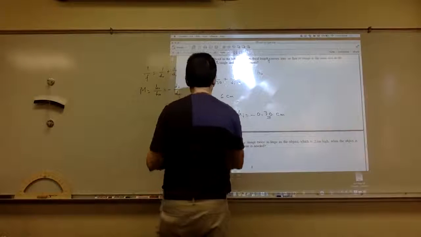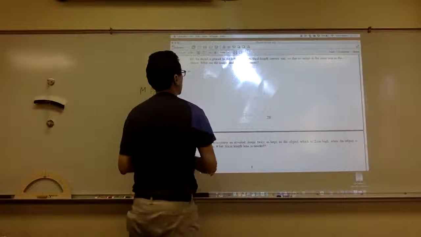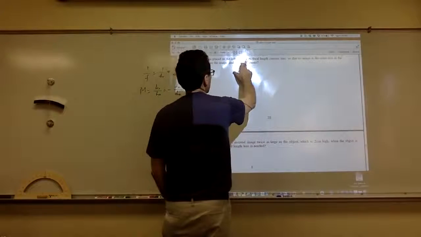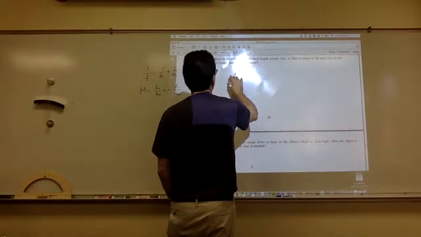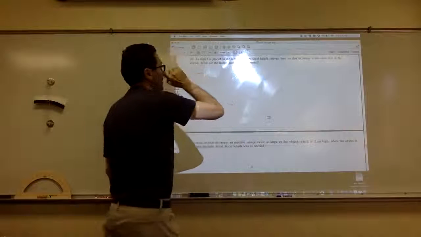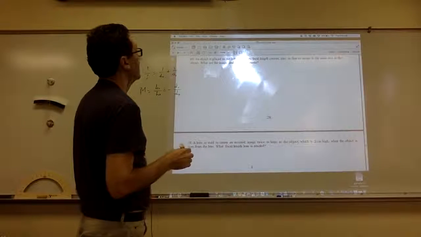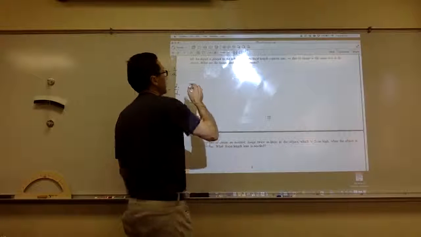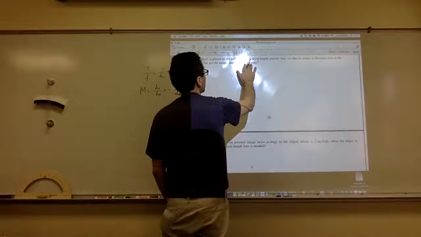Okay, let's look at 63. Okay, an object is placed to the left of a 25 millimeter convex lens, so that's a positive, so that its image is the same size as the object. Placed to the left.